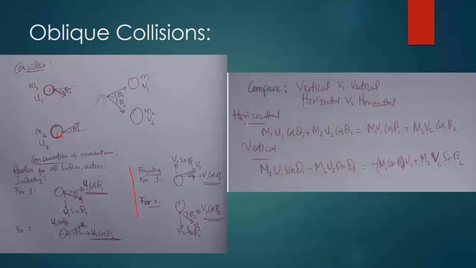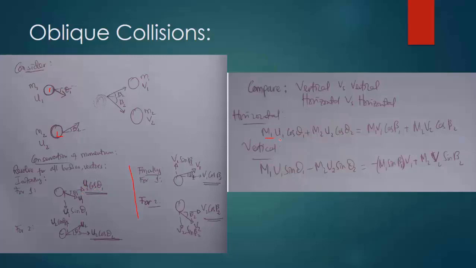So for example, horizontally, looking here, initial momentum should be equal to final momentum. So initial momentum horizontally goes that way, and that of body 2 goes in the same direction, so just add them up. m1 u1 cos theta, because the velocity is this one, not u1 only, u1 cos theta.